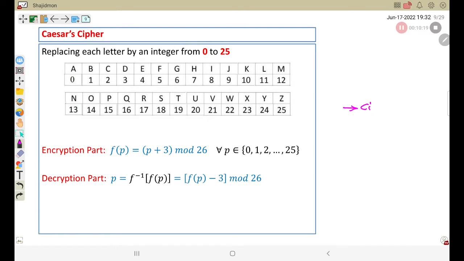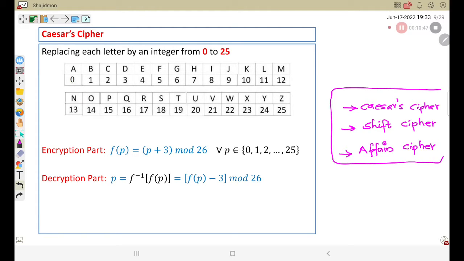So in this section 4.7 we are mainly concentrating on some basic ciphers: Caesar cipher, the generalization of Caesar cipher or shift cipher, and affine transformation or affine cipher. These are the ciphers we are studying here for encryption and decryption.